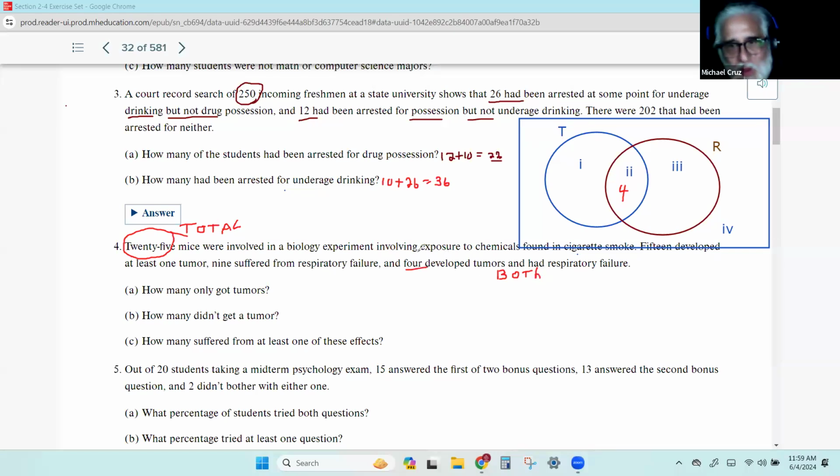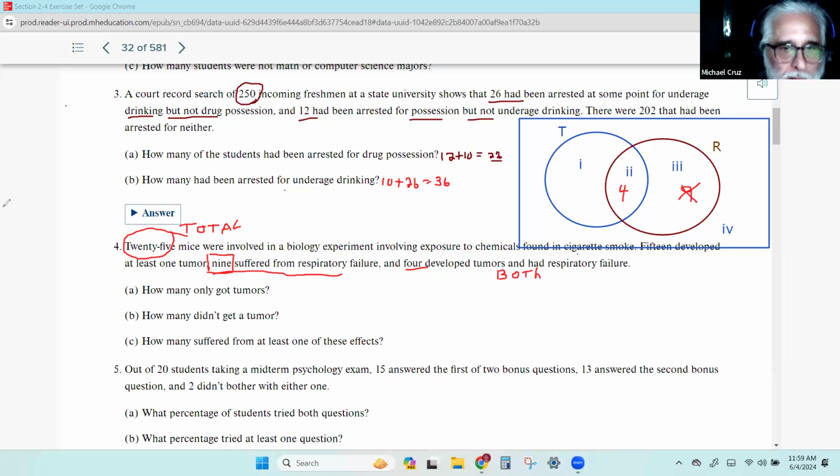So 4 had both. Now, 9 suffered from respiratory failure. So all of R has to add up to 9. But our problem is that we can't just throw a 9 in here. Nope. We can't just put a 9 in there. Everything inside the brown circle has to add up to 9.